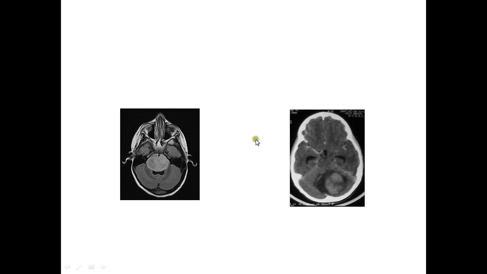While here the cerebellum is involved, so in addition to the other signs and symptoms, this patient will have cerebellar signs in the form of nystagmus, dysdiadochokinesia, loss of balance, and tremors. The heel-shin test might be positive, and so we should look for all these things.